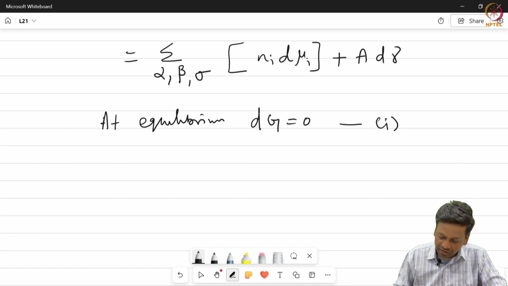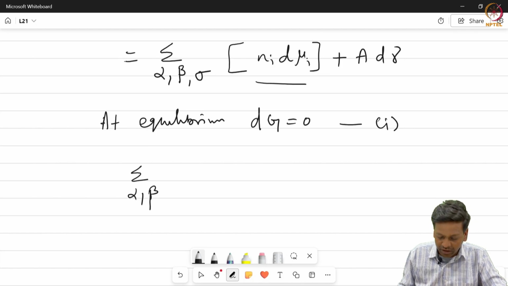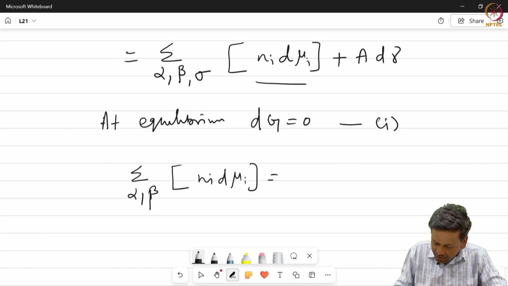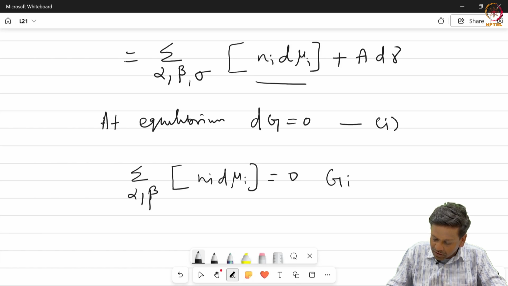Another essential condition is that for the mixture, that is alpha and beta, these two bulk phases, from the Gibbs-Duhem relation we know that the summation of N_i d mu_i is 0. Whether it is bulk phase 1 or bulk phase 2, this is true from the Gibbs-Duhem equation.